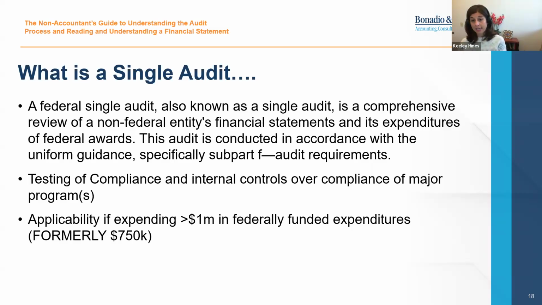And then New York State may disseminate those dollars to nonprofit organizations or even local governments. And those dollars would still have to be classified as federal expenditures because the ultimate source of those grant dollars are from the federal government.